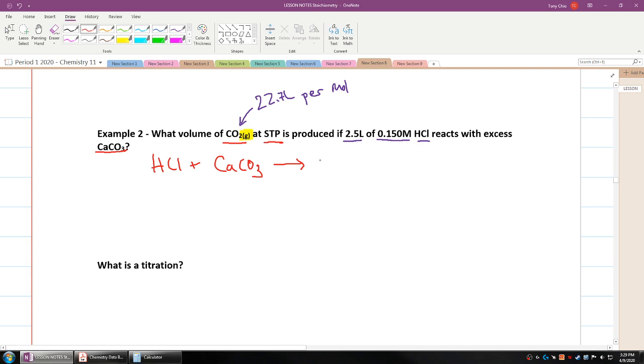It instead produces CO2 plus H2O, and the salt is always made up of the metal of calcium carbonate and the non-metal of the acid. In this case, it will form CaCl2. Now, if I balance this reaction, I will get 2 HCl right there to help balance out the rest of the reaction.